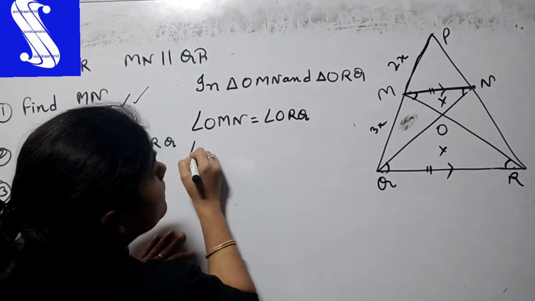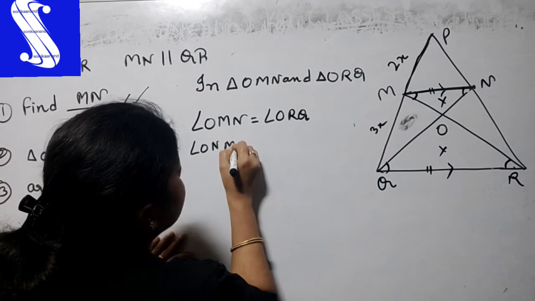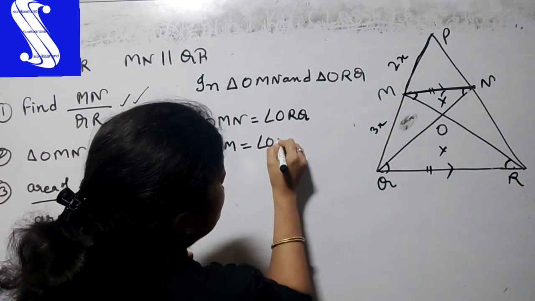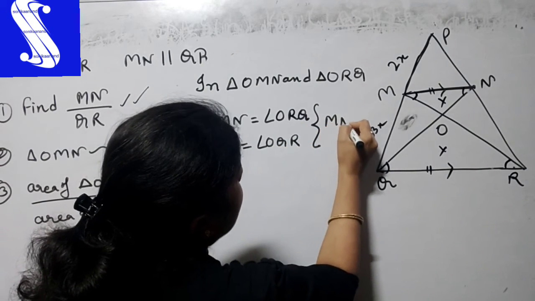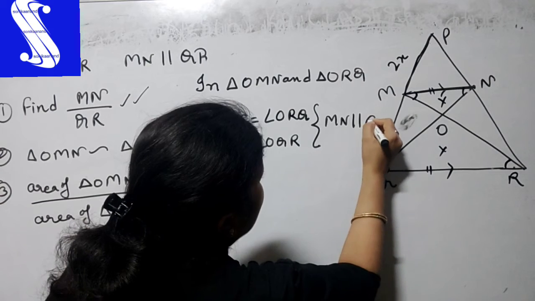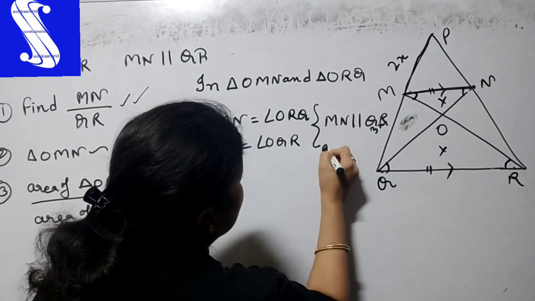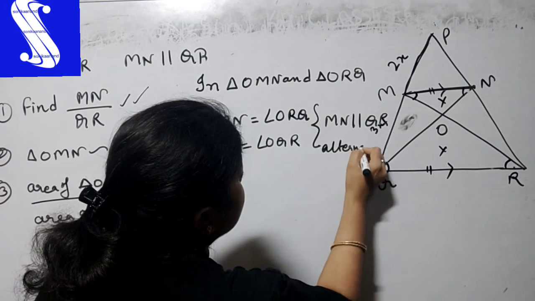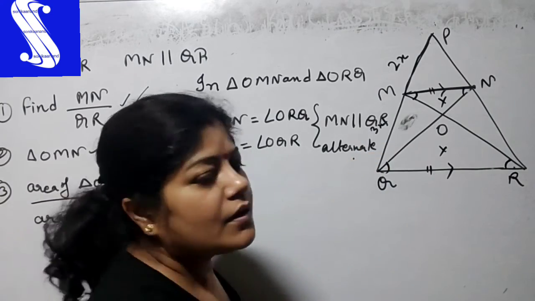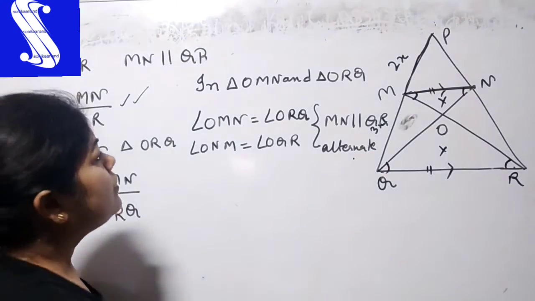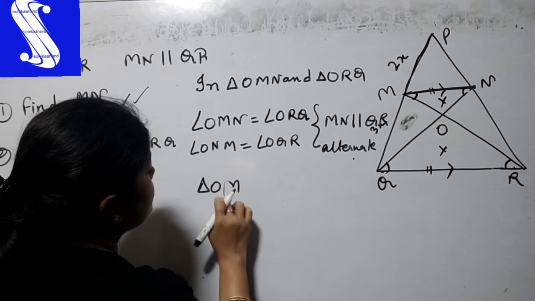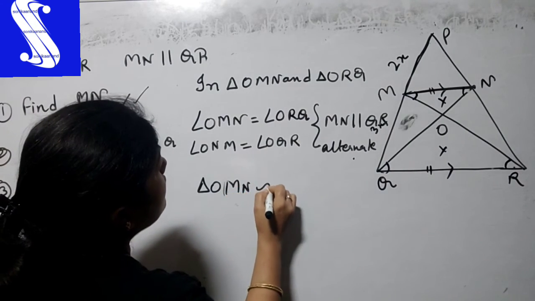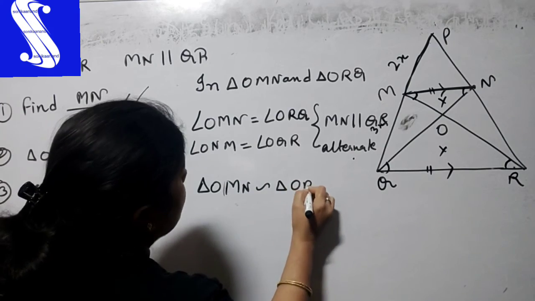Similarly, ONM is equal to OQR. Reason is same, MN is parallel to QR, moreover alternate angle. Clear? So triangle OMN is similar to triangle ORQ.